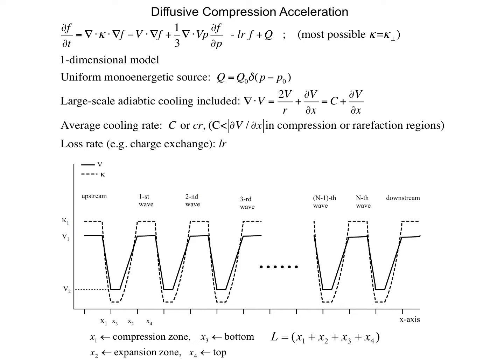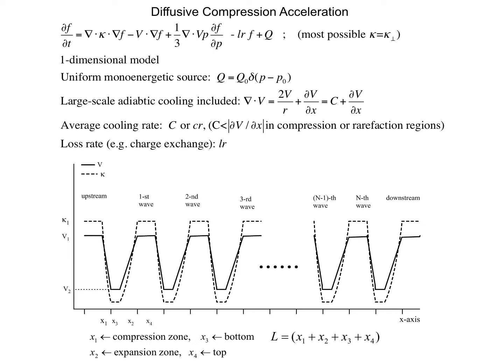Of course, if the particle just goes through the compression zone once, it only gains a limited amount of energy. However, if the particles can diffuse, going through the compression region repeatedly, then they can achieve higher and higher energies. This is the equation. The Parker equation can describe so-called diffusive compressional acceleration.